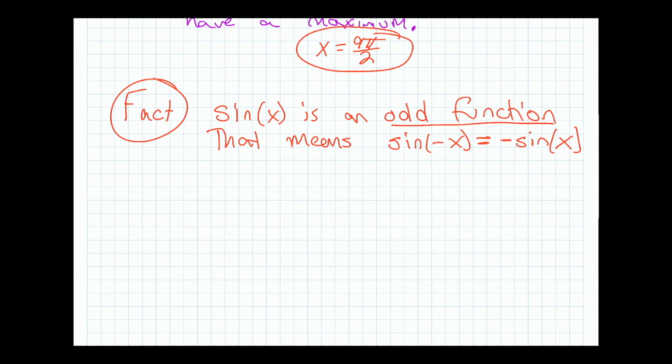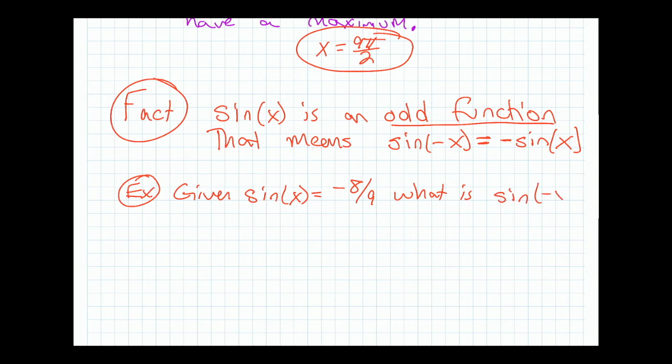Why do you need to know that? Because they're going to ask you questions like this. Example. Given sine x equals negative 8 over 9, what is sine negative x? The way you would answer it is you would say, well, we know sine negative x equals, you're just going to write down this.